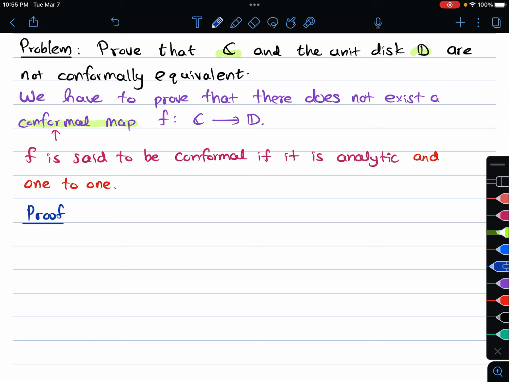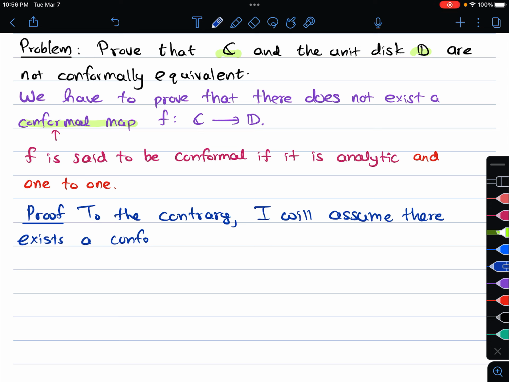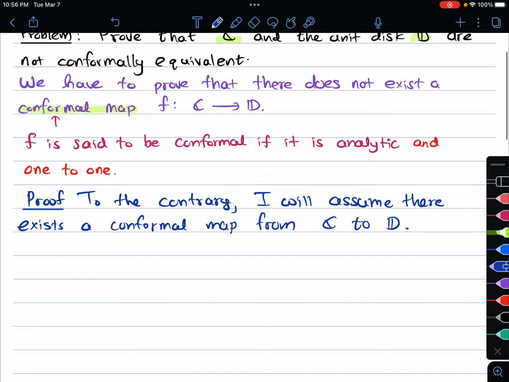So to the contrary, I will assume there exists a conformal map from the complex plane to the unit disk. This is my hypothesis.